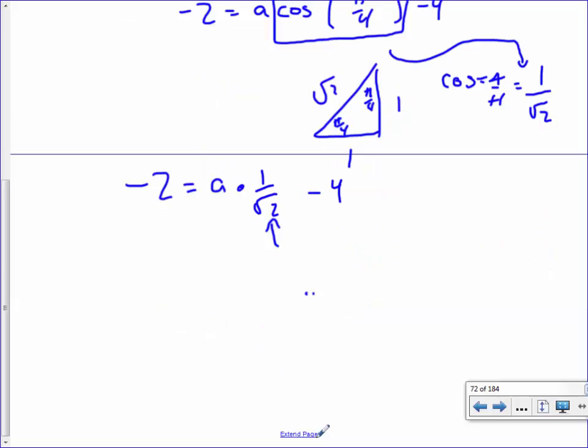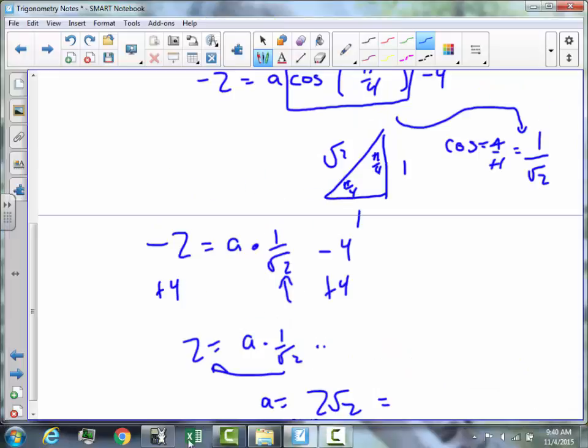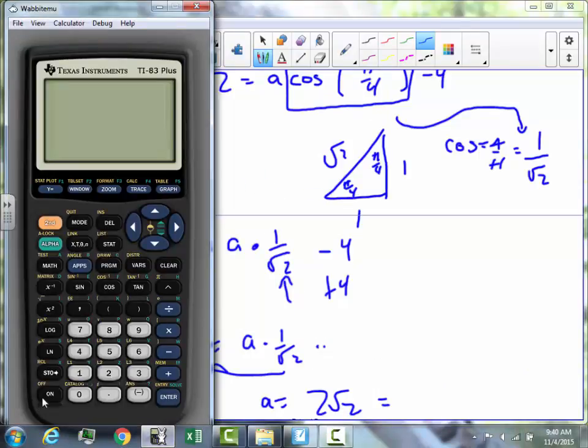So, last steps to get a by itself. Let's add 4 to both sides. So that means 2 equals a times 1 over root 2. Times up the root 2. A is equal to 2 root 2. This question here, as a numeric response, wanted a decimal number. So I would actually have to go to my calculator and do 2 times root 2 and make it 2.82.